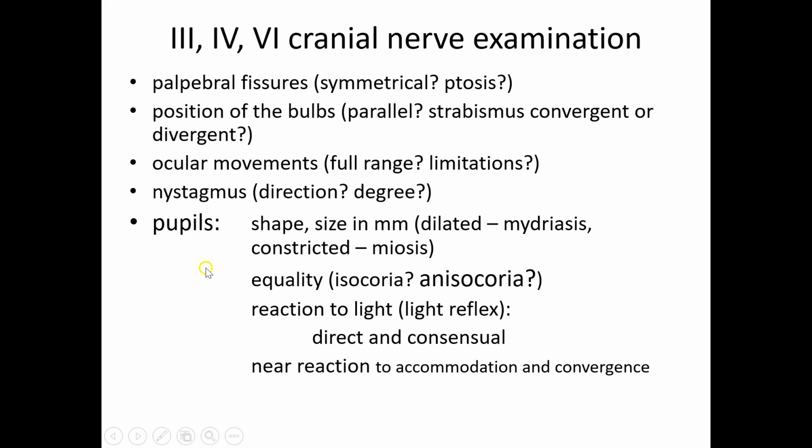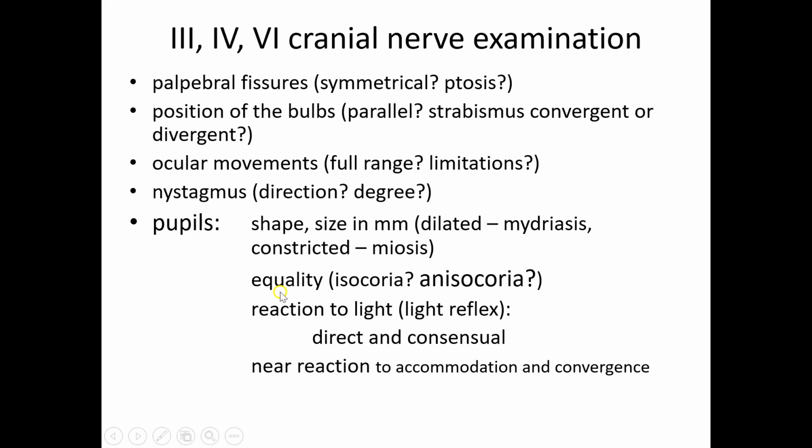You must check importantly for the pupil. The pupil is usually associated with the function of the third nerve. As we saw, the fourth and sixth nerves are associated only with extraocular muscles, while the third nerve is involved with the pupil as well. In the pupil, you must check shape and size, and whether it is dilated or constricted.